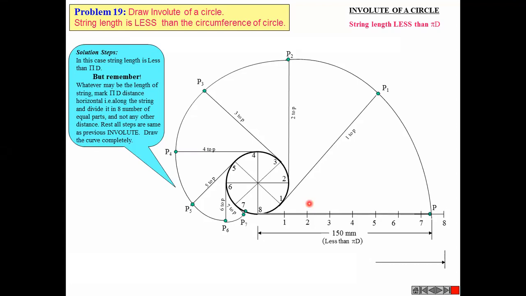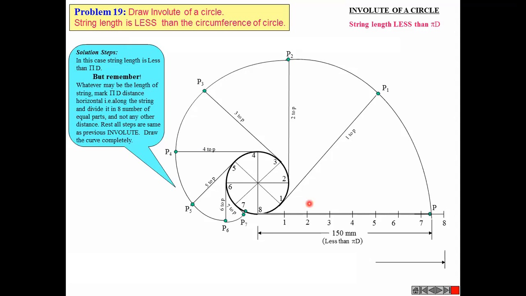Then you divide the line of length pi d. Actual length, whatever it is, greater than or less than perimeter, we don't mind. You divide that pi d into equal parts, 8 parts. Then next step is draw tangent from every point on the circle. Then take markings 1 to p.